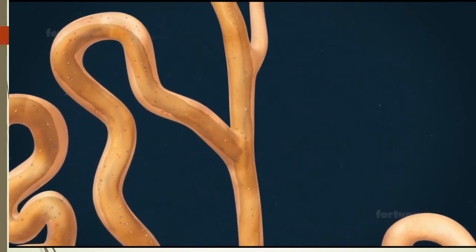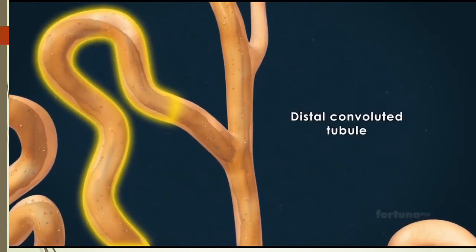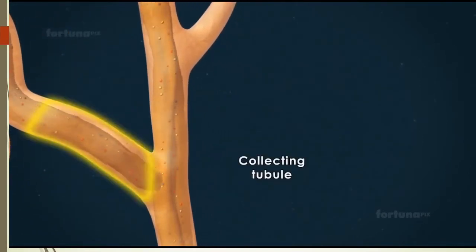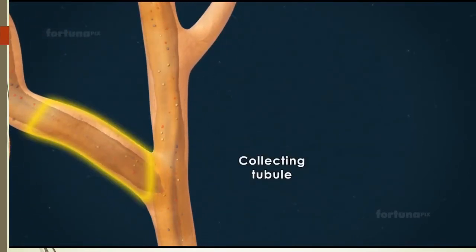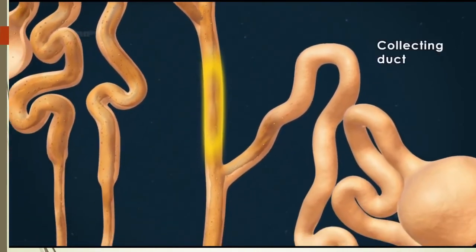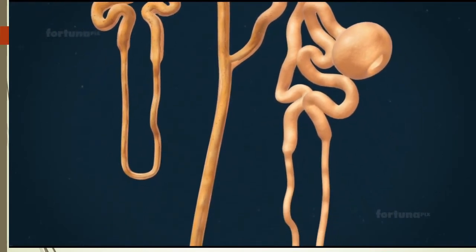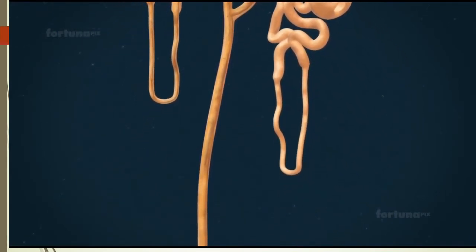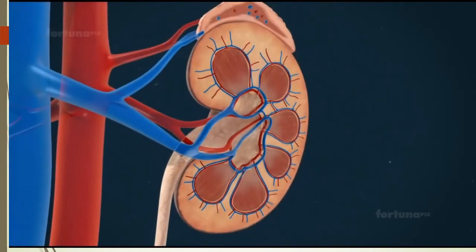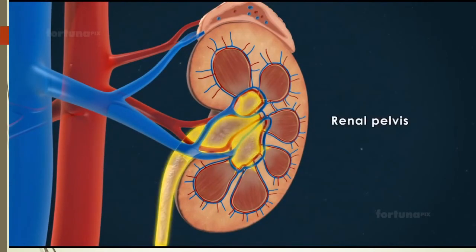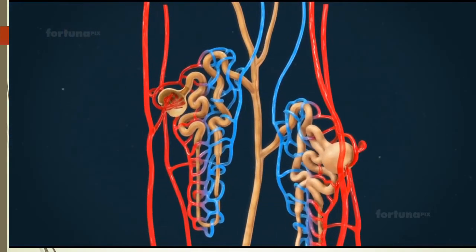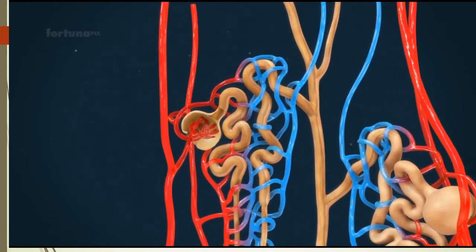This is of course the distal convoluted tubule, and the starting part was the proximal convoluted tubule, and it will connect with the collecting duct. Now look here, each collecting duct or collecting tubule is connected with many of these nephron structures. All together this will bind to form the duct of Bellini. That's a bit thicker. That will come here in this renal pelvis part.